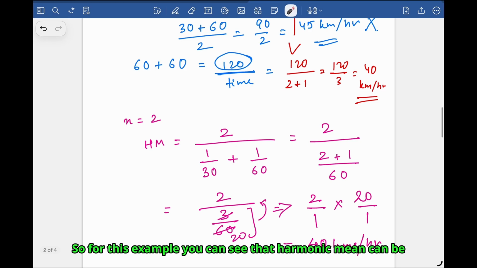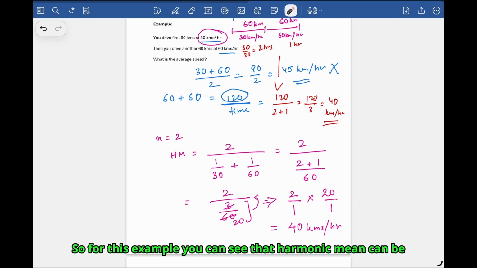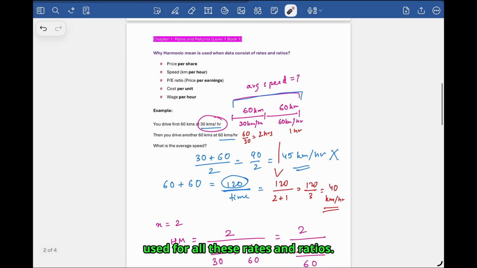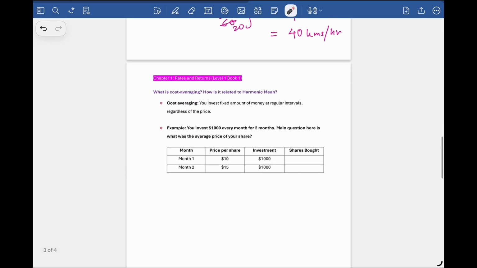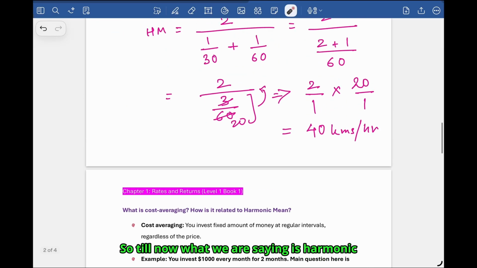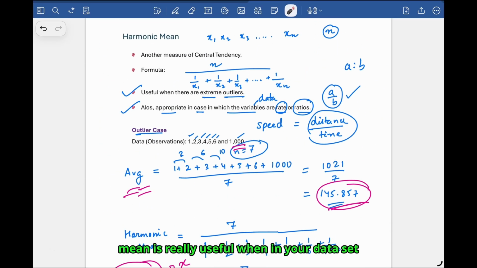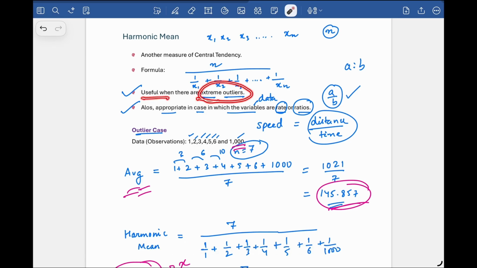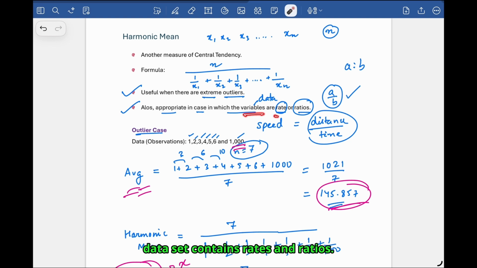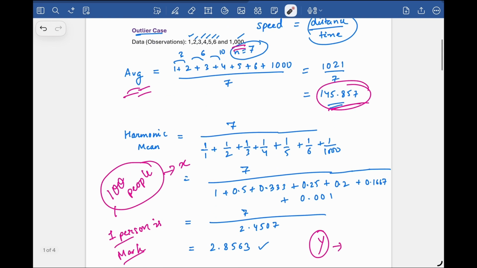So through this example, you can see that harmonic mean can be used for all these rates and ratios. So till now, harmonic mean is really useful when your dataset has some extreme outliers. They are also useful when your dataset contains rates and ratios.